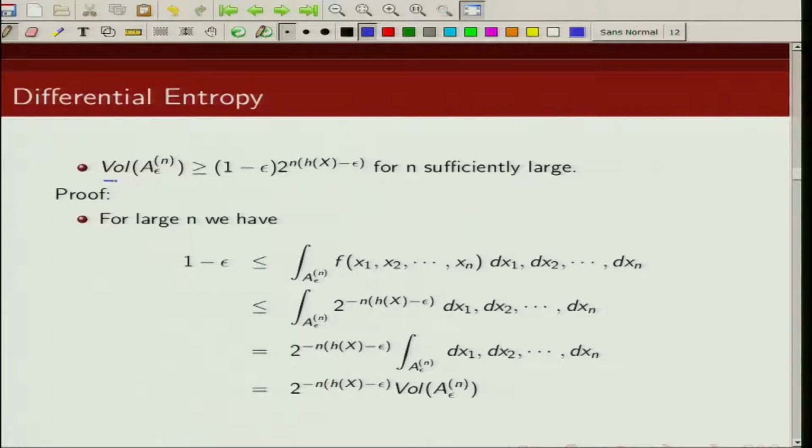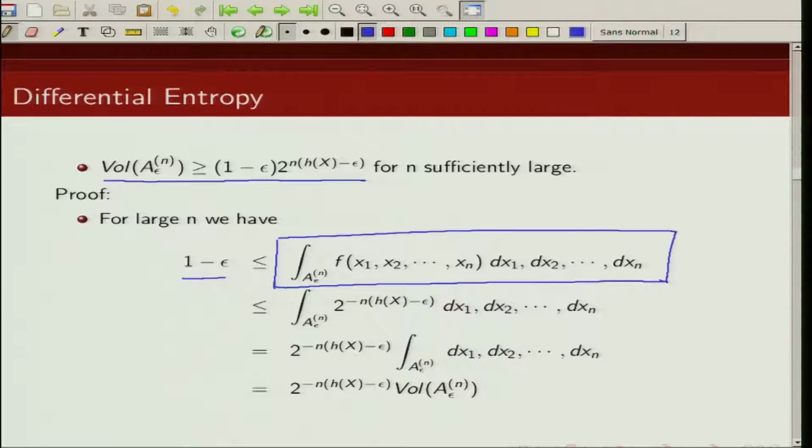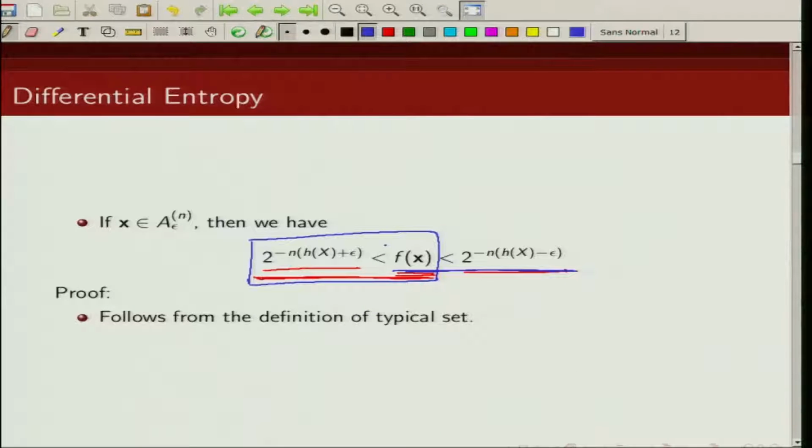Similarly, we can prove that the volume of the typical set is lower bounded by this. Now this follows from the fact that the probability of the typical set is greater than or equal to 1 minus epsilon. So 1 minus epsilon is less than or equal to the probability of the typical set, which is given by this expression. Now we know the upper bound on f(x1, x2, ..., xn). This follows from this property.